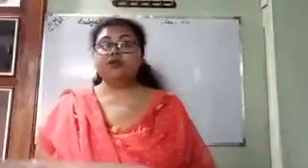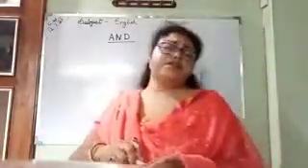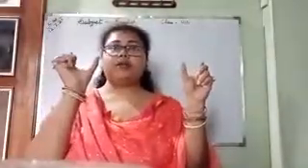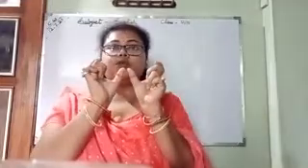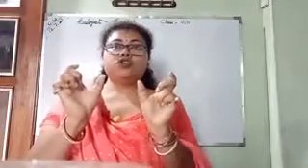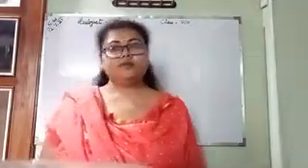We are going to know about A-N-D, and. Okay? And when do we use and? We use and when there are two words to join together. For connecting or joining them, we use and in between. Okay? See here.